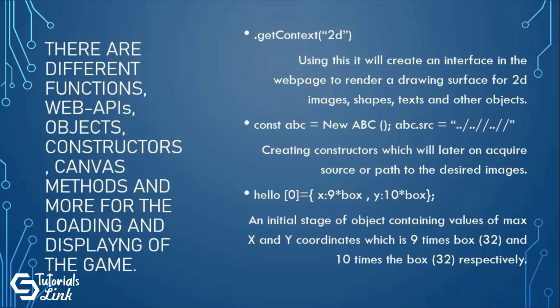So it is written that an initial stage of the object contains the values of the x and y coordinates, which are 9 times the box, that is 32, and 10 times the box, that is 32, for x and y coordinates respectively. We will use everything which I am discussing right now later in our coding part.